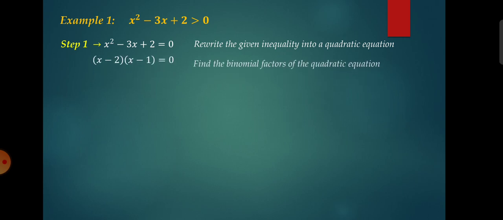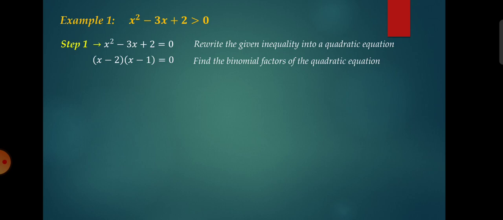Next step is to find the binomial factors of the quadratic equation. The method I'm using here is factoring. So gifactor na ako ang trinomial nga x squared minus 3x plus 2 equal to 0 as two binomials nga x minus 2 and x minus 1.